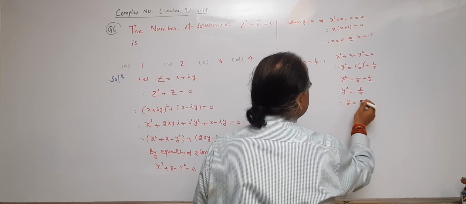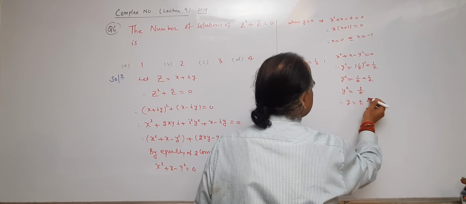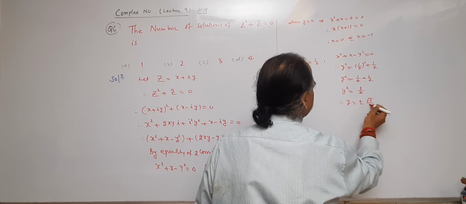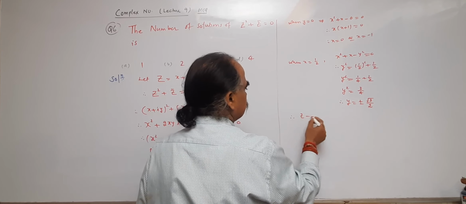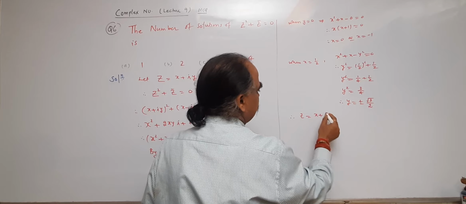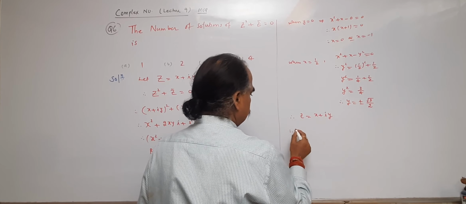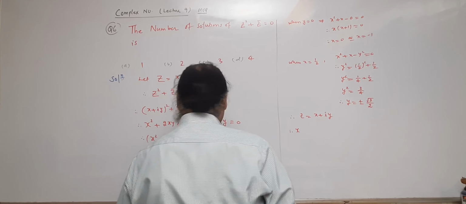So y will be plus minus root 3 by 2. So z will be x plus iy.